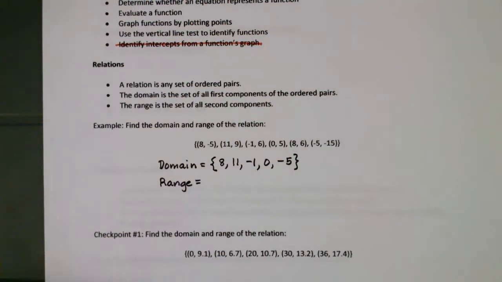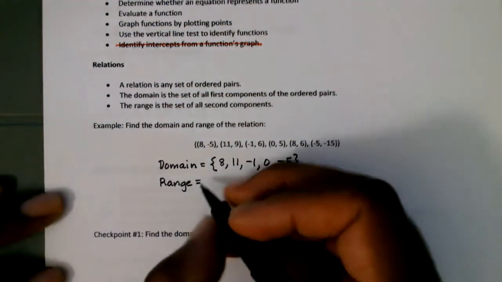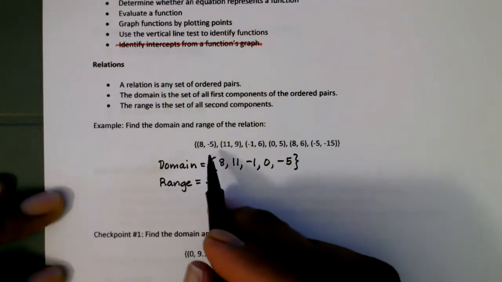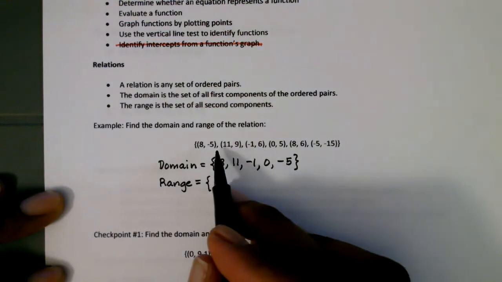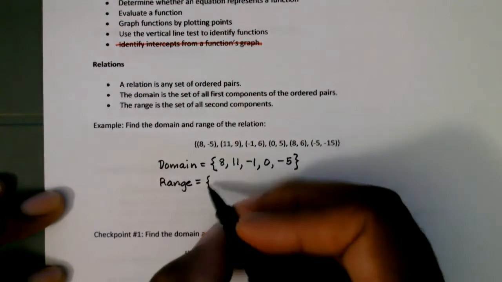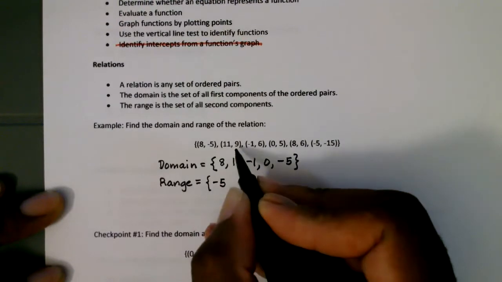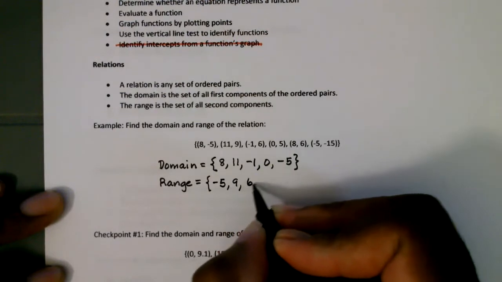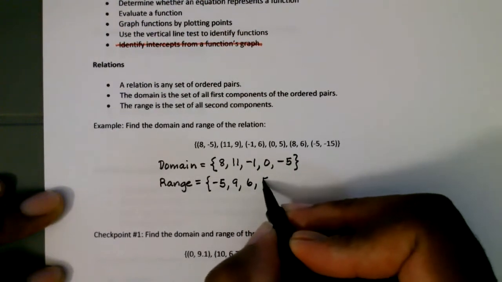That's the domain, the set of all of your x coordinates, or the first numbers in each of the ordered pairs. The range is the set of all y coordinates, which is the second number in each of your ordered pairs. So in this case, it will be -5, and then 9, and then 6, and then 5.